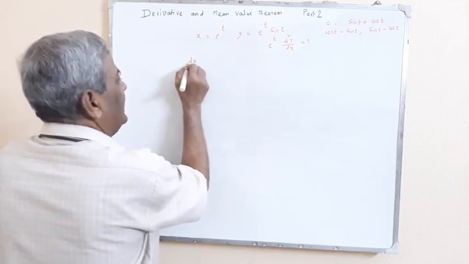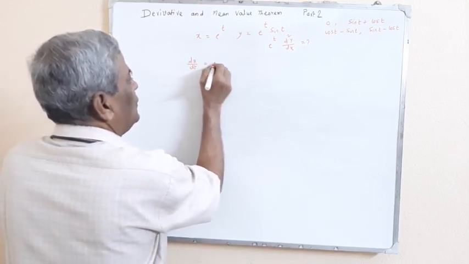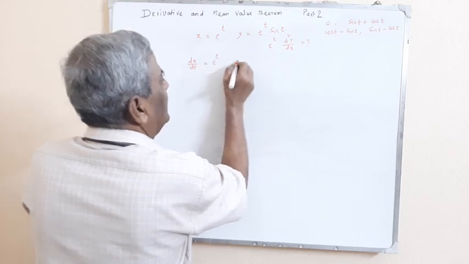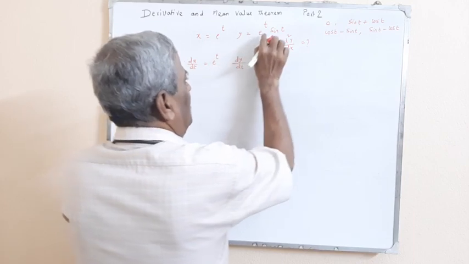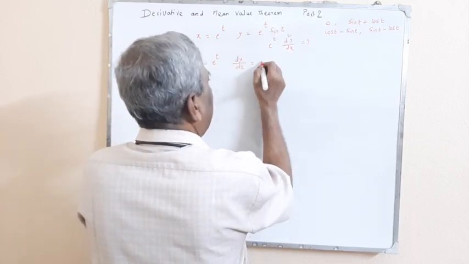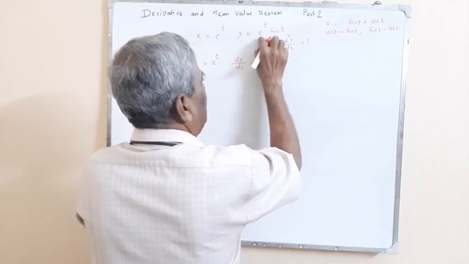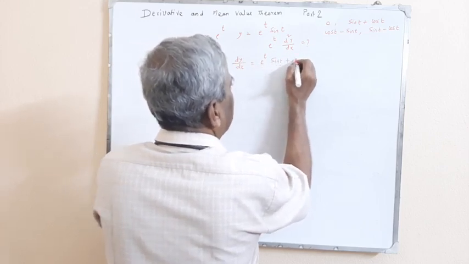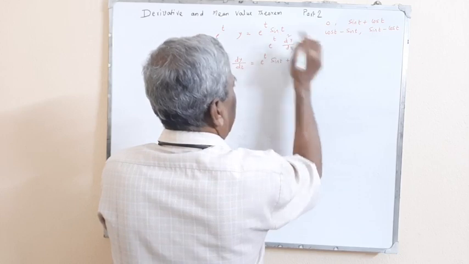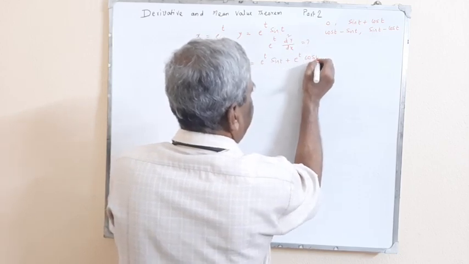So dx dt is equal to e to the power t. dy dt is the derivative of a product of two factors. It is e to the power t, derivative of this is that, into sin t, plus e to the power t, derivative of sin t is cos t.